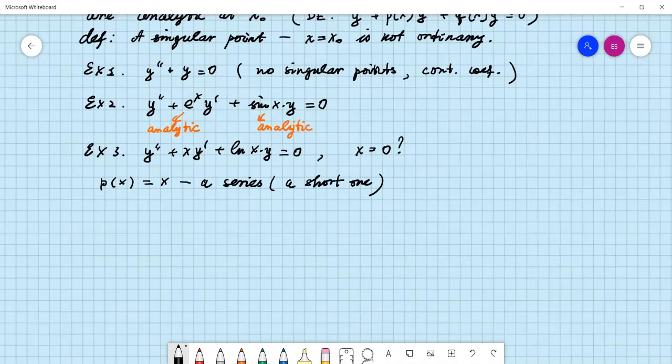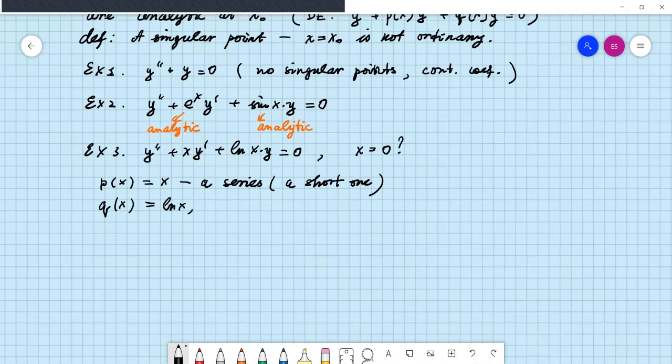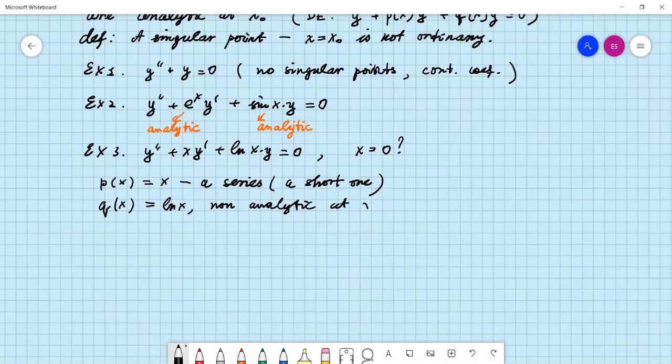Okay. q of x is ln of x. We already know that ln of x is non-analytic at x equals 0. Cannot represent it as a series.